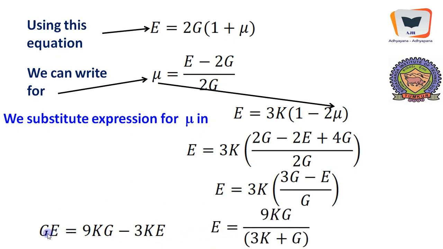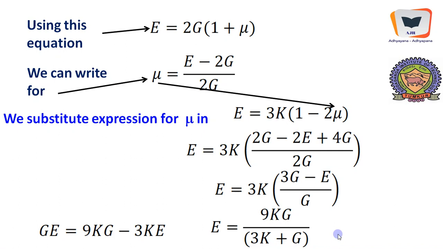Therefore, I repeat, GE plus 3KE, and we take E as the common factor, and we are left with (3K plus G) as the factor. Since we want an expression for E alone, upon simplification E equal to 9KG divided by (3K plus G).